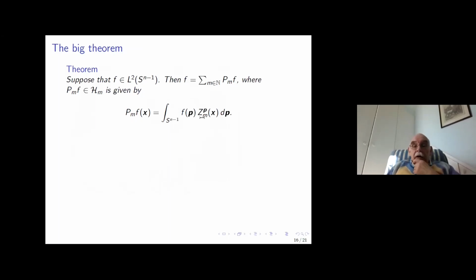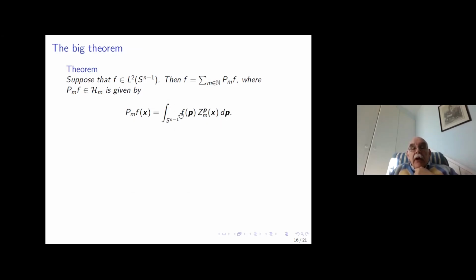Okay, now here is my big theorem for today. If f is in L2, then f is the sum of projections applied to f. Each projection gives me a harmonic polynomial, and it's given by the formula: the integral over S^{n-1} of f(p) Z_m^p(x) dp.